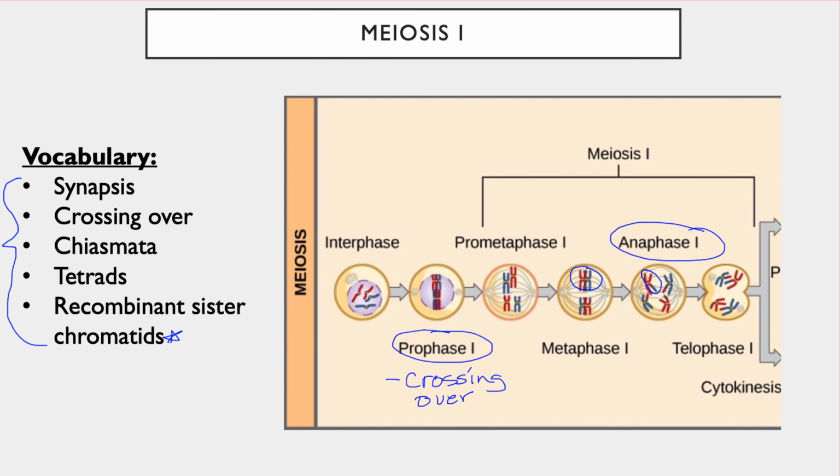So there's 2 sister chromatids per pair, and the tetrad is pulled apart. And so each cell that this divides into at this process is considered 2N.